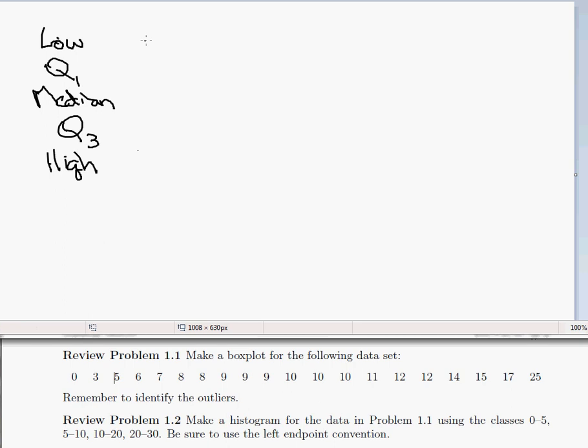Well, clearly the low is 0 and the high is 25. The median is going to be found by doing n plus 1 over 2. I have 20 entries, so that's 21 divided by 2, or 10.5. So I need to take the average of the 10th and 11th entries.